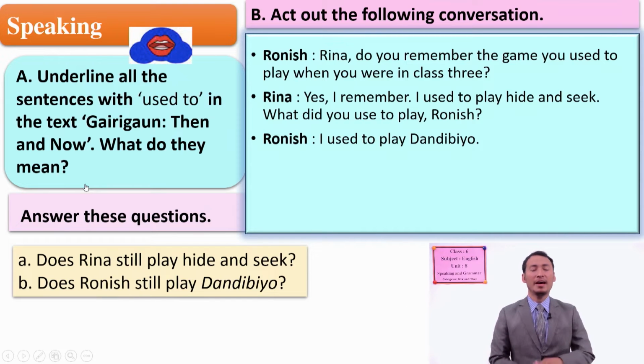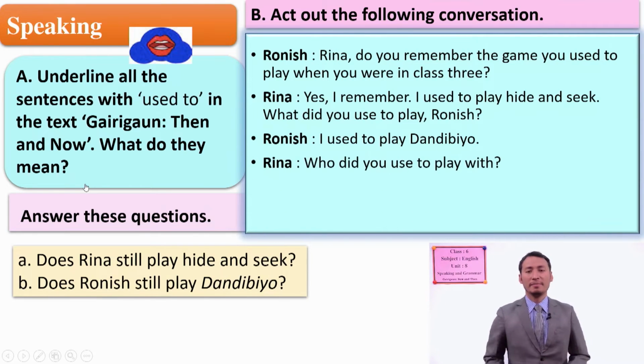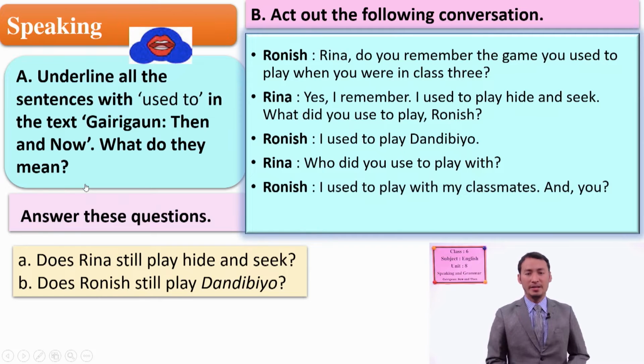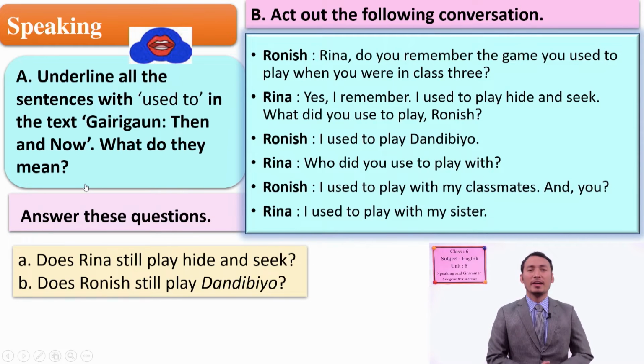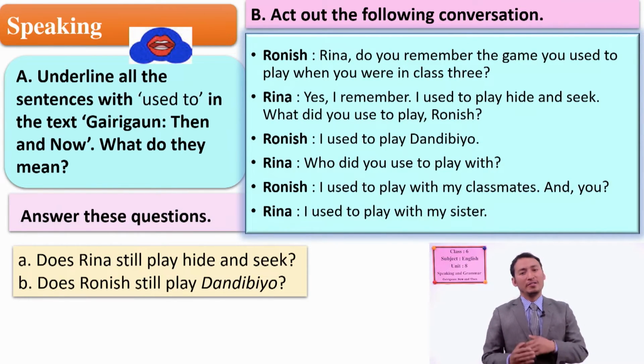Ronis and Rina are talking about past experiences, like we have studied in the text before. Okay, students, are you ready to read aloud with me? Let's try. Act out the following conversation. Act out means you can get a friend and play it, having a conversation as Ronis and Rina.